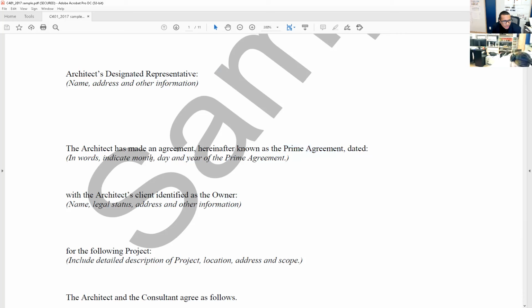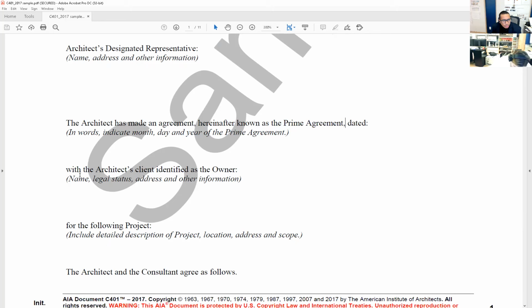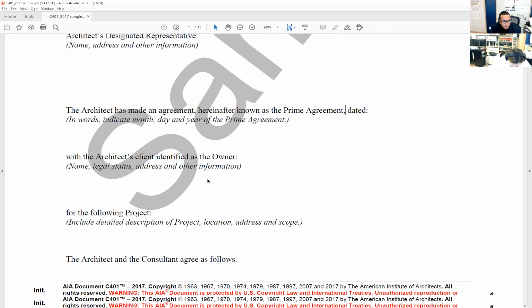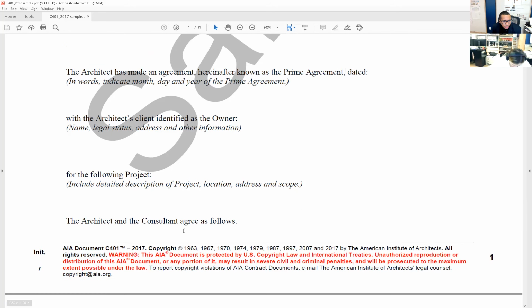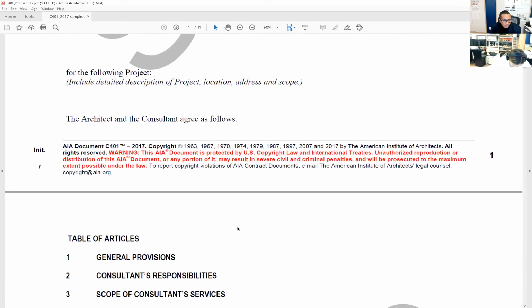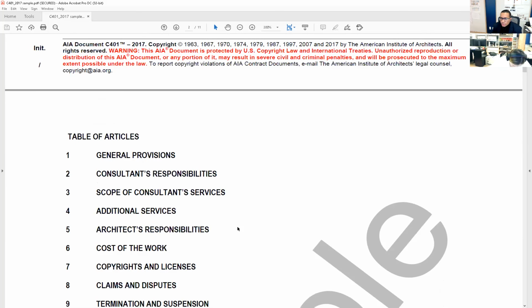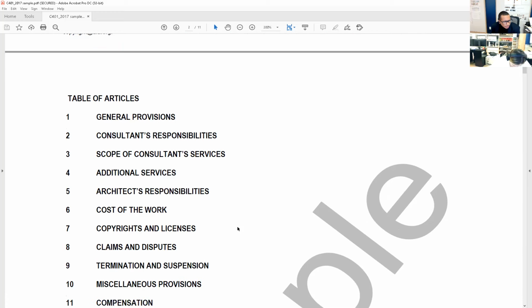So it says the architect has made an agreement, hereinafter known as the prime agreement, dated, and that is done with the architect's client identified as the owner and for the project. The architect and the consultant agree as follows, and then it goes through the table of articles. Just like the other ones, we have different articles.